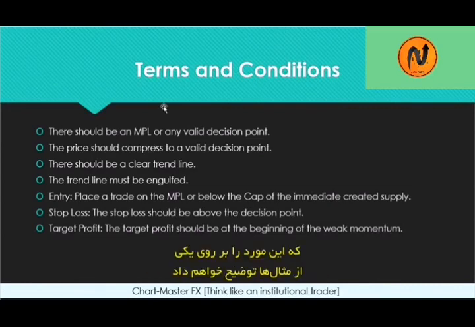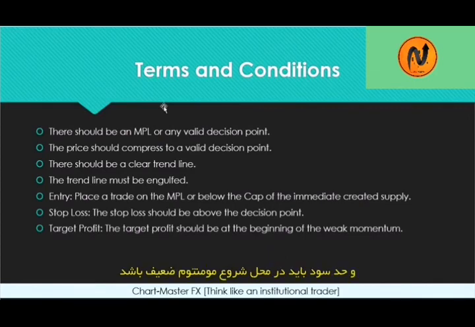I'll explain that further in one of the examples that we have. I actually made that example deliberately in order for me to explain this concept that I'm talking about. The stop loss should be above the decision point. The target profit should be at the beginning of the weak momentum.